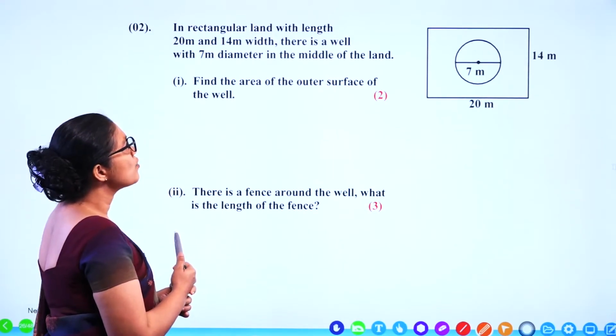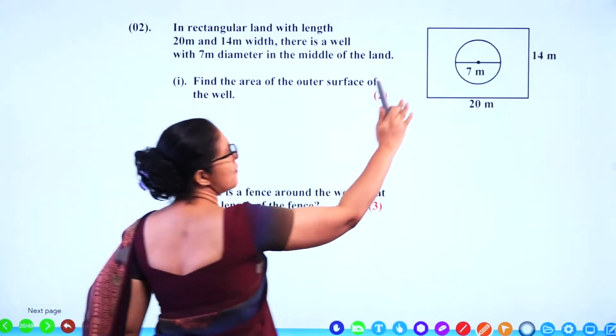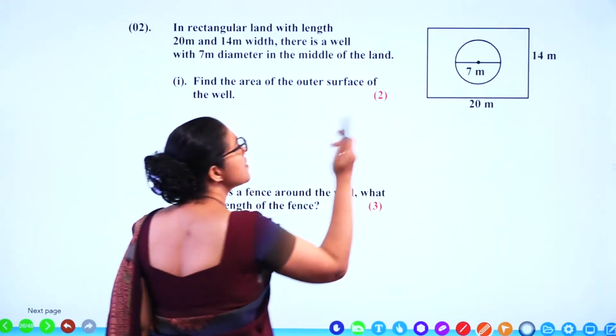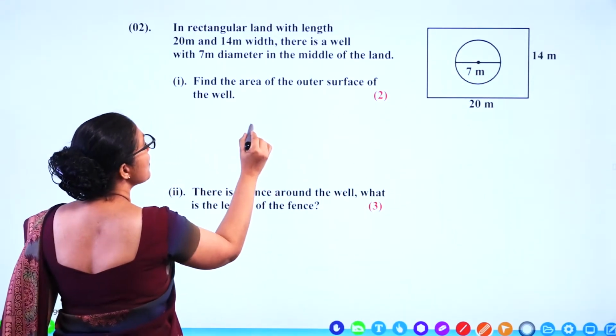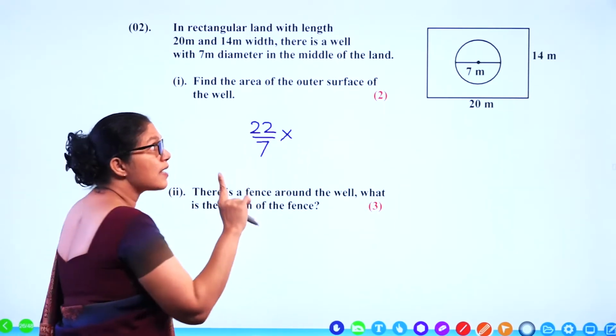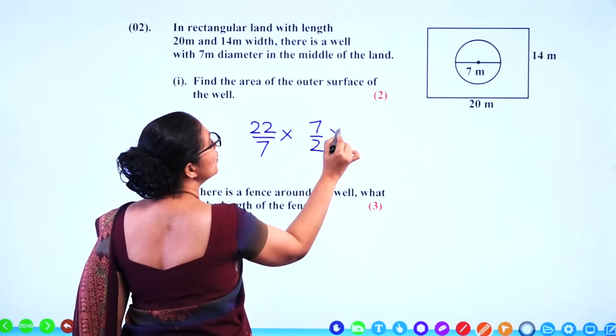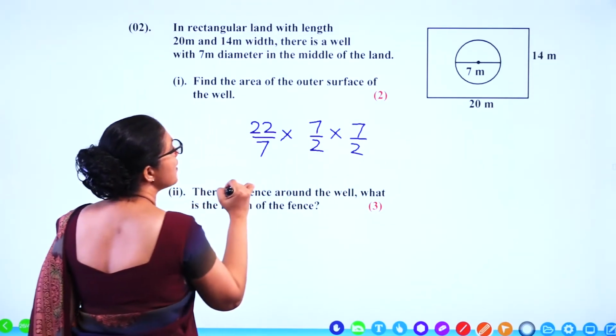Find the area of the outer surface of the well. Outer surface means area of the circle. So what's the area? Pi, that's 22 over 7, r squared. Diameter is 7. So what's the radius? 7 over 2. So 22 over 7 times (7 over 2) squared.